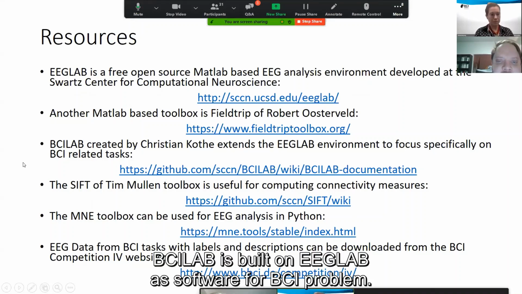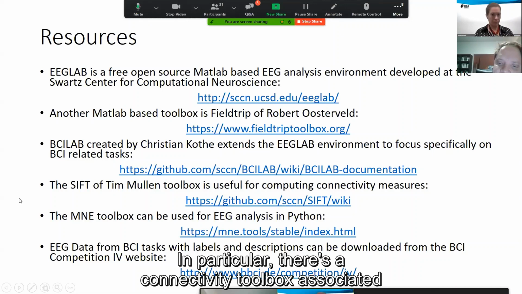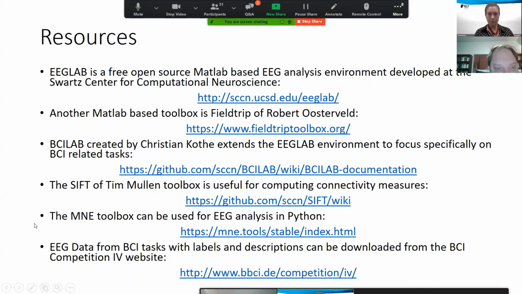BCILAB is built on EEGLAB and is software for the BCI problem in particular. There's a connectivity toolbox associated with EEGLAB from Tim Mullen called SIFT.